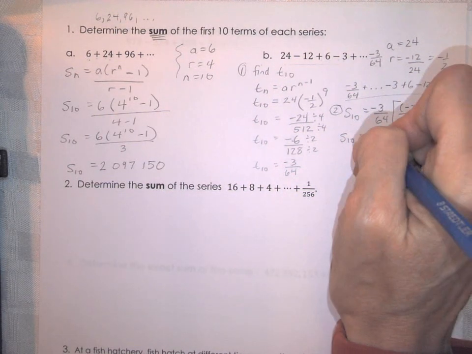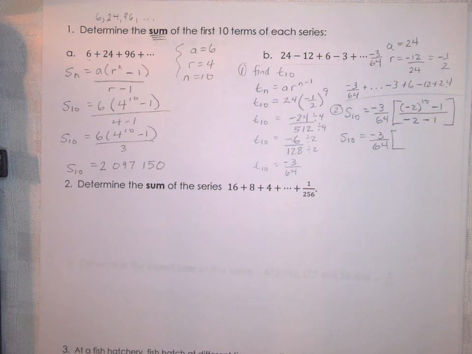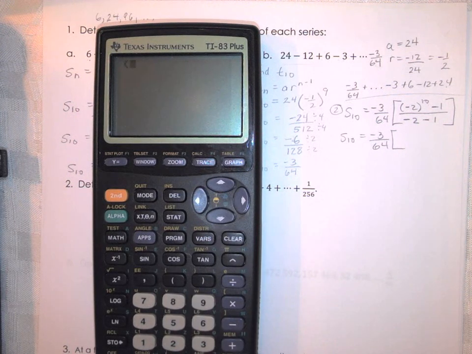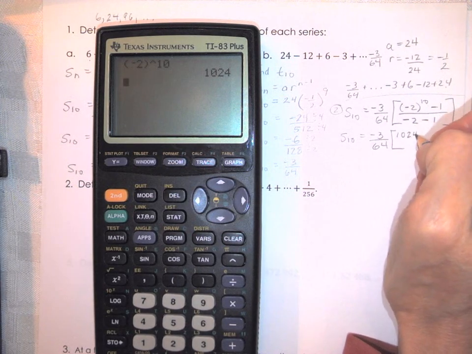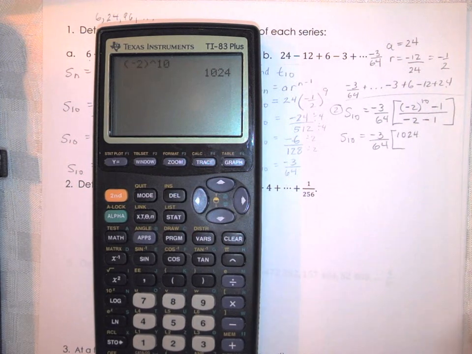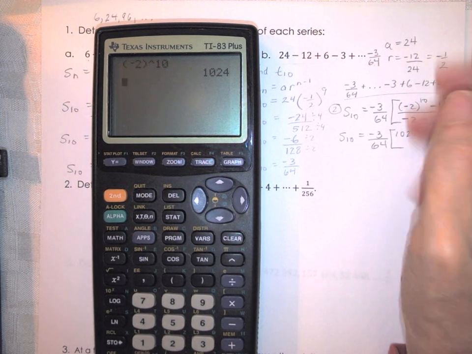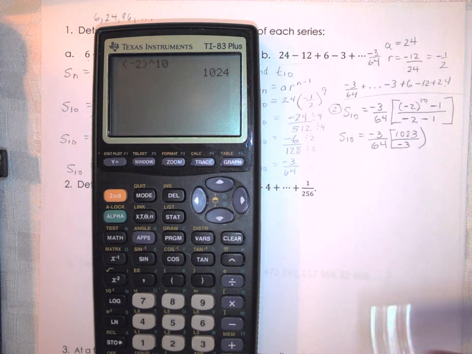So I'll just keep the negative 3 over 64 out front for now. And then I'll go to my calculator and type in negative 2 to the power of 10. And that gives me 1,024. Minus 1, actually, I can just subtract 1 in my head. That would be 1,023 over negative 3. Oops.